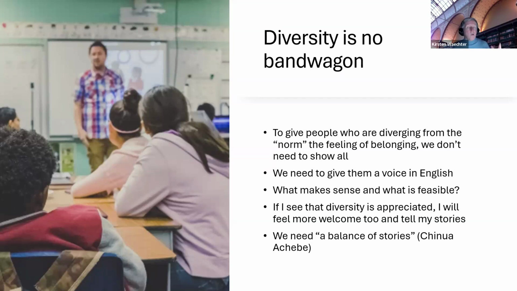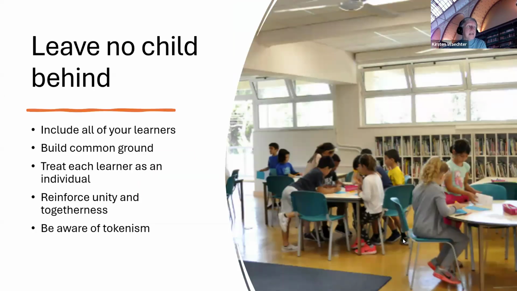Her world was no longer reduced to this perfect, idyllic English textbook world, but a lot of other people used English, and these people were also part of the English-speaking world. That made her a better writer, because she said, I could write about people like me. I didn't have to write about people that I invented. So that's the balance of stories.